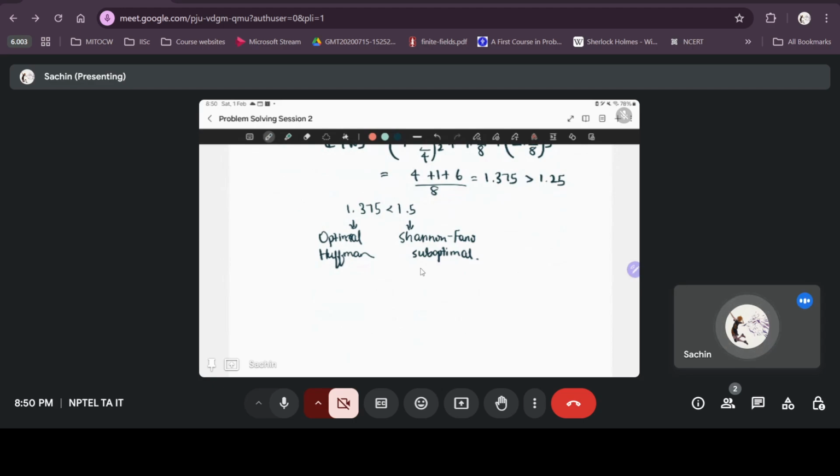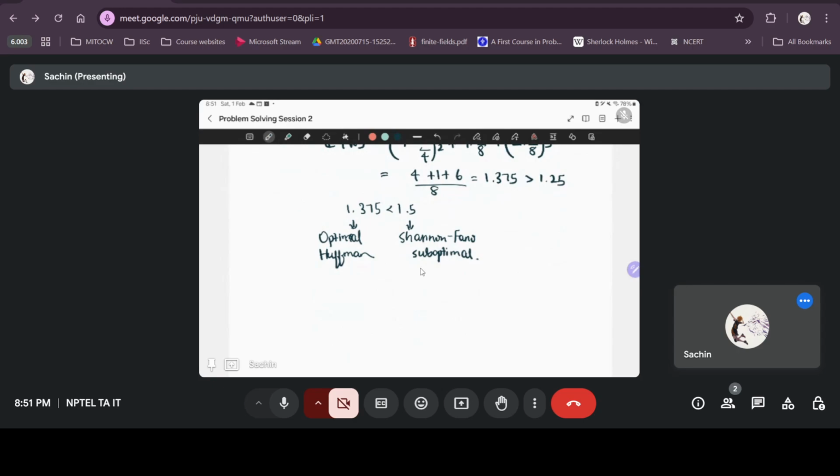And this is because the probability of each message is not a negative power of the alphabet size of the output alphabet. The output alphabet is 4-ary. 1 over 4 is 4 power minus 1, but 1 over 8 is not 4 power minus 2 or 4 power minus 3, any of those.